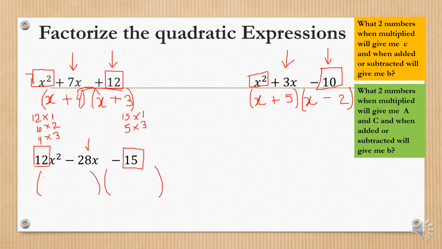Not C, but B. My apologies. I must add or subtract to give me what B is. So let's begin that. I'm going to erase this arrow for room.